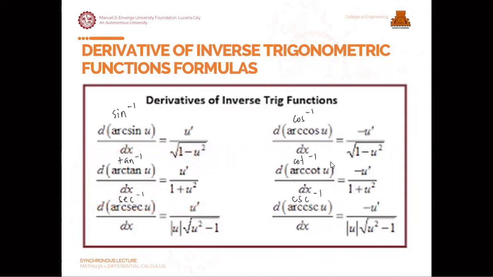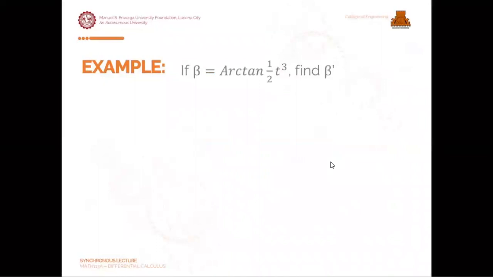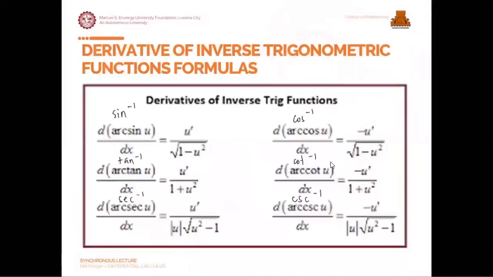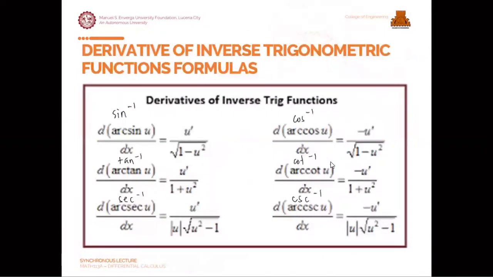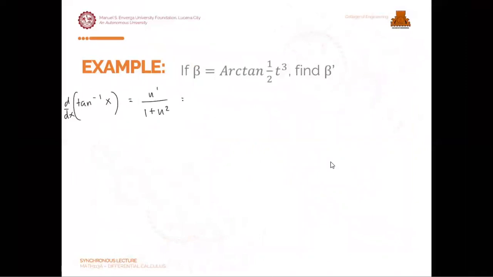That is, du over dx over 1 plus u squared. This is just another form.